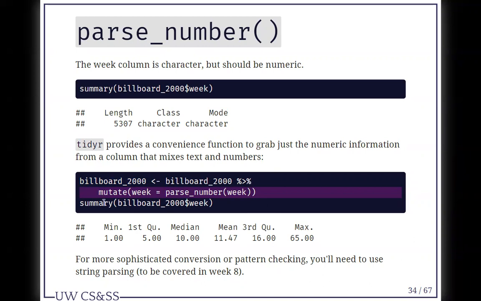And now when we run summary on week, we will get the numeric weeks that are in our data set rather than some characters. For more sophisticated conversion or pattern checking, you'll need to use string parsing, which we will be getting to in week 8 of this course.